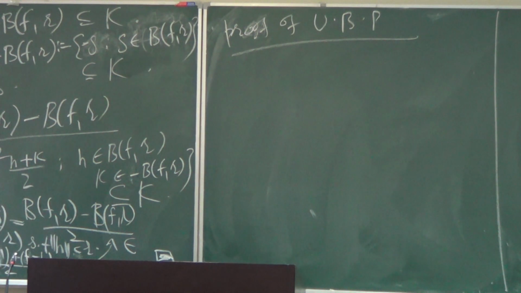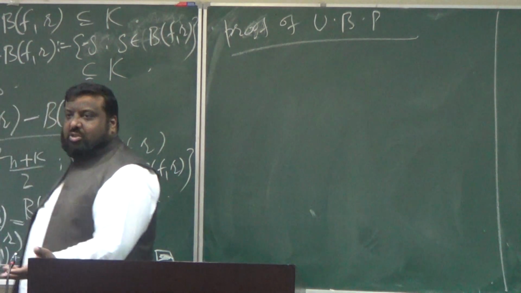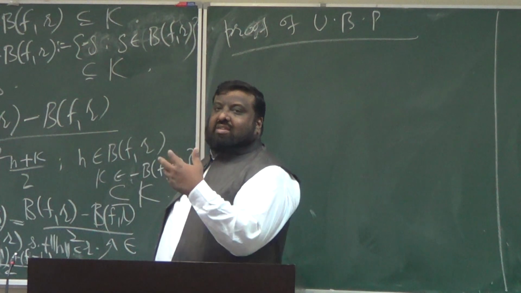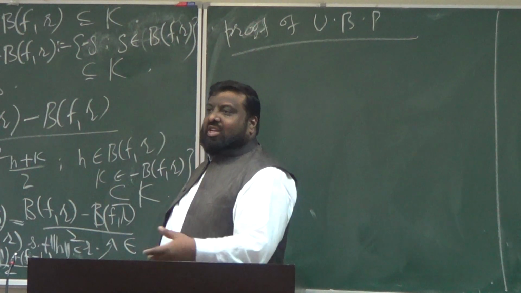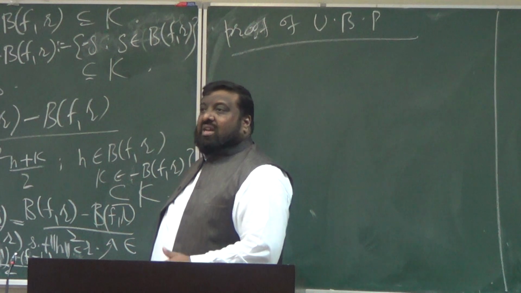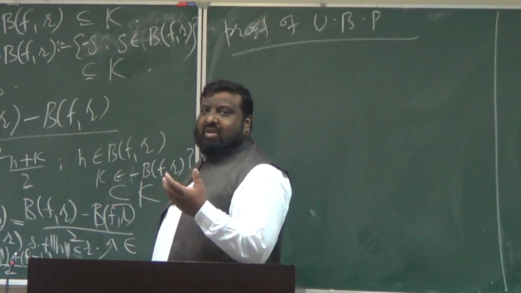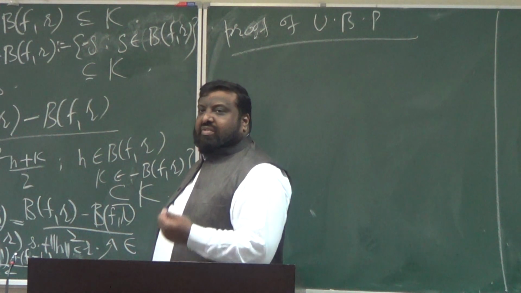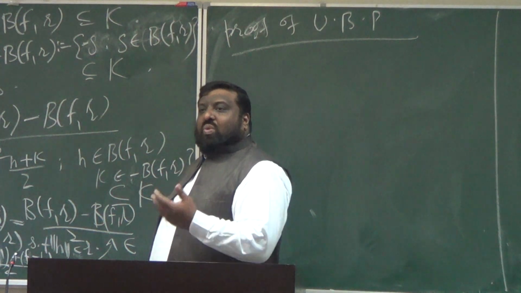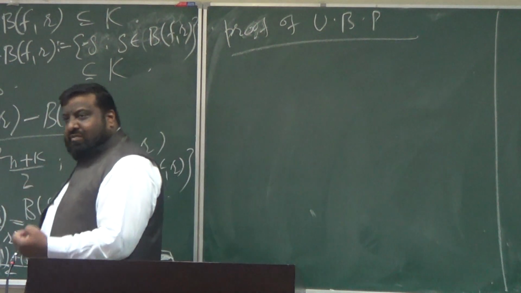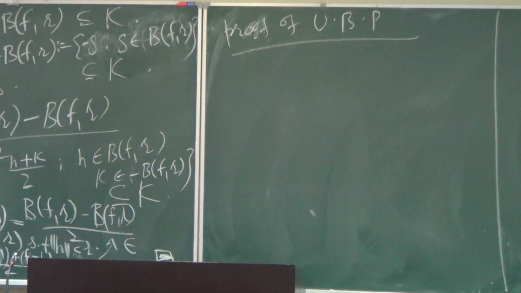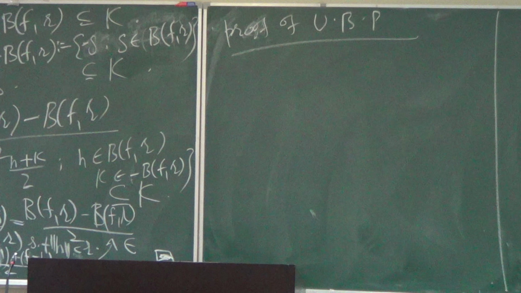If E is a Banach space, and tau is a collection of all linear operators from E into F, then this collection is uniformly bounded if and only if it is pointwise bounded. So one side we already showed that uniform boundedness implies pointwise boundedness in general, whether E is Banach space or not. But I would like to show the other side now.